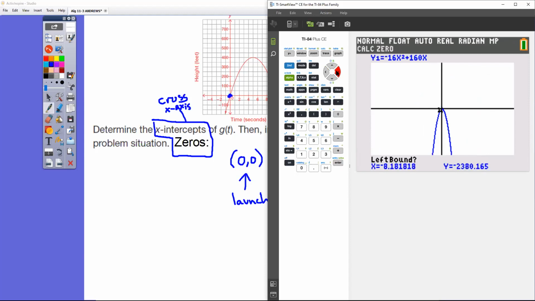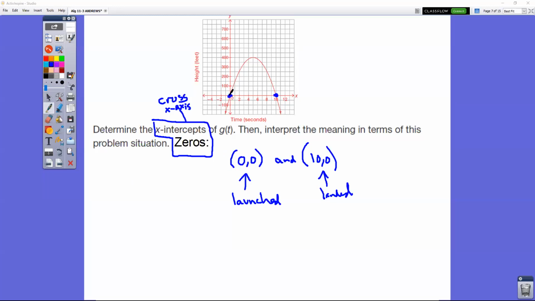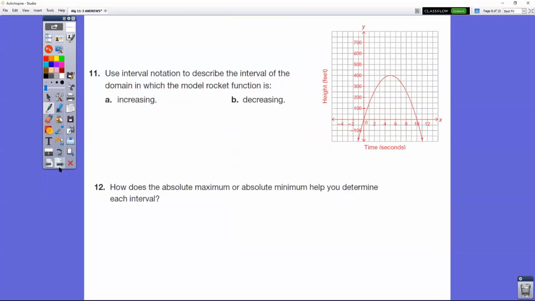Now I'm zoomed out too far. So a zero on the left-hand side, a zero on the right-hand side, hit guess, and notice you have (10, 0) now. So going back to our graph here, zeros are where it crosses the x-axis, and the calculator can tell you that.